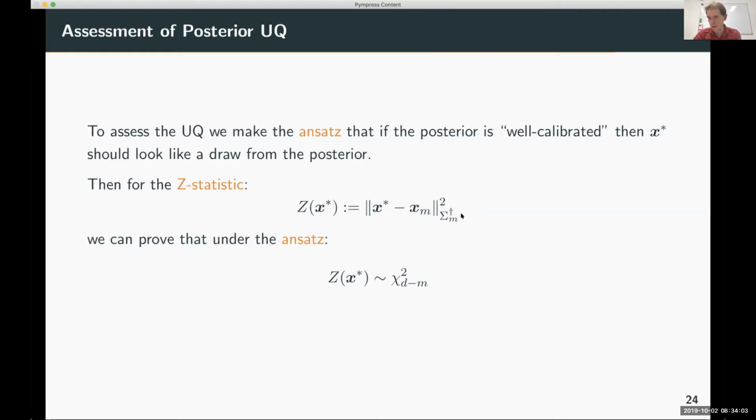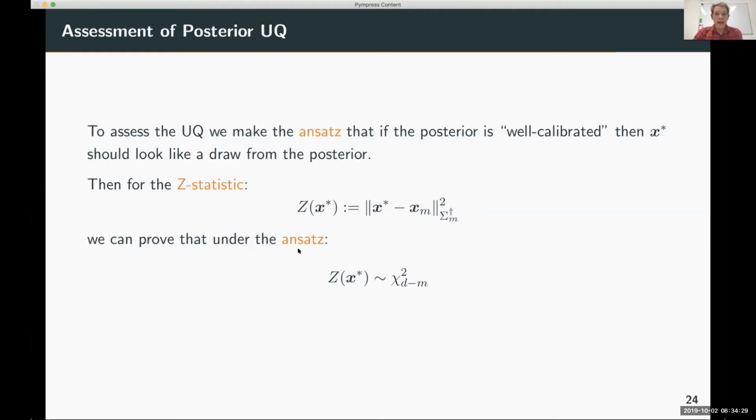It's important that we use a Moore-Penrose pseudo-inverse there because the posterior covariance is typically singular, so obviously we can't use a standard inverse. But using the Moore-Penrose pseudo-inverse is fine because we're only interested in assessing the uncertainty quantification in the range of Sigma_m. In its null space, we've identified the true solution exactly, so we don't need to care about what the uncertainty looks like in that null space.